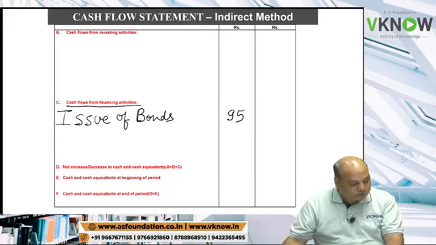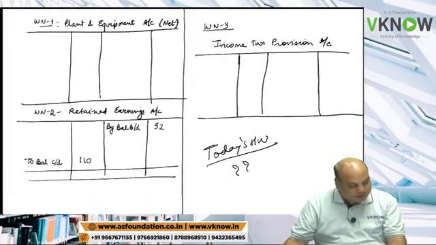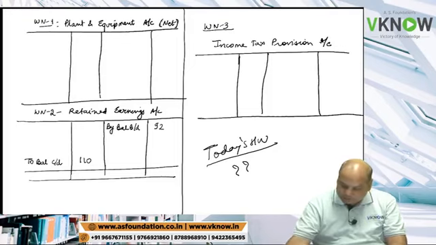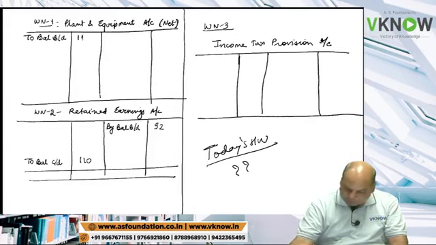This is my sources of fund. Application of fund, fixed asset. There is a working note 1. Fixed asset opening balance, net. To balance brought down. Opening balance is 115, net of depreciation.